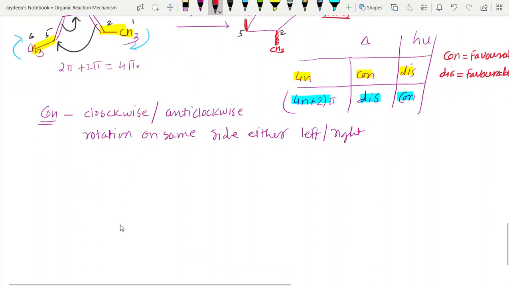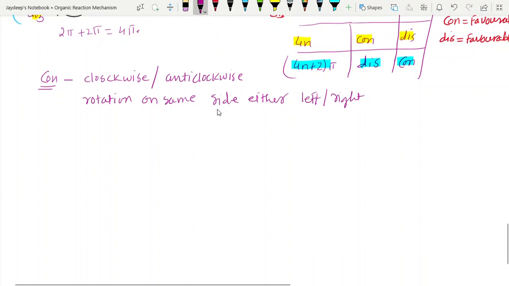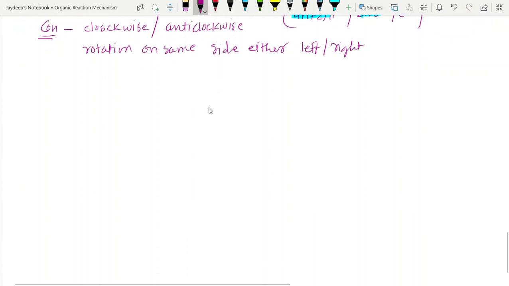Now let us consider how the other configuration is there. Again I am going to consider the same example. This is a methyl group, this is a methyl group. Let us understand what this is.